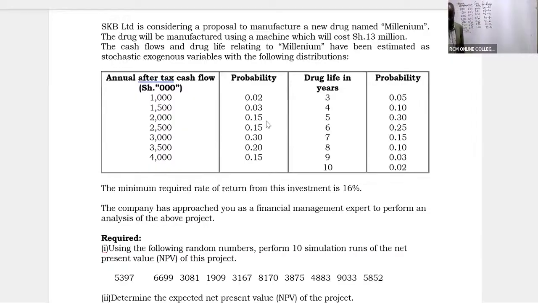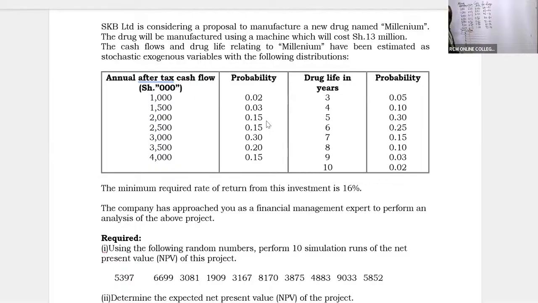Drug life, I can see 3, 4, 5, 6, 7, 8, 9, 10, versus the probabilities that they have given us.